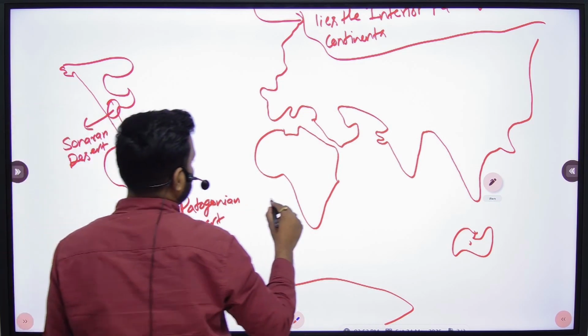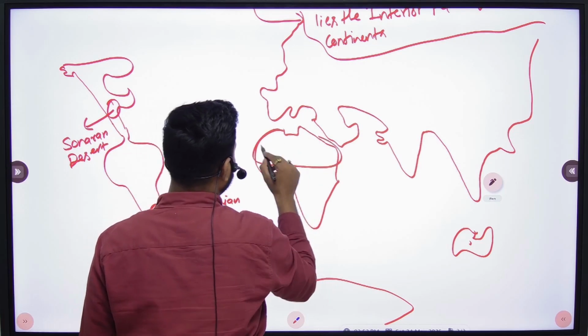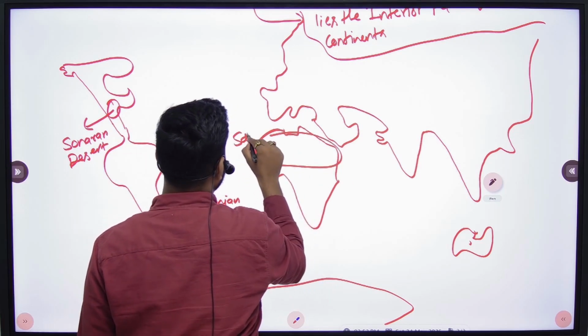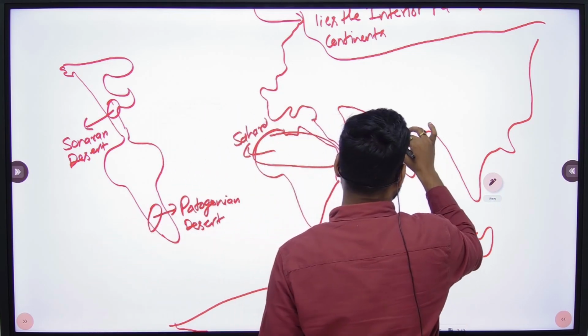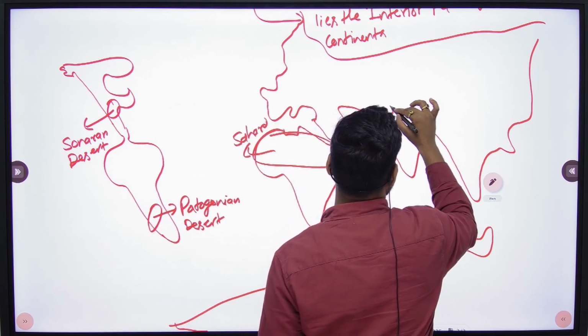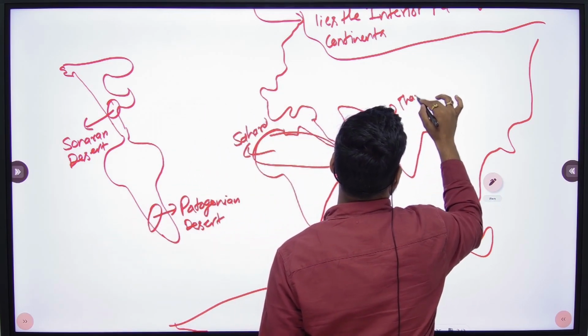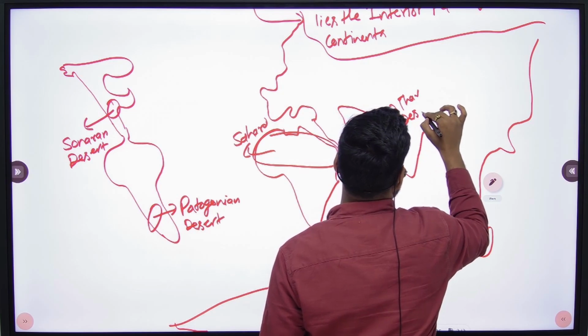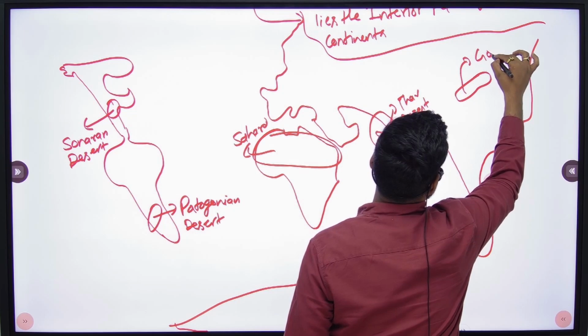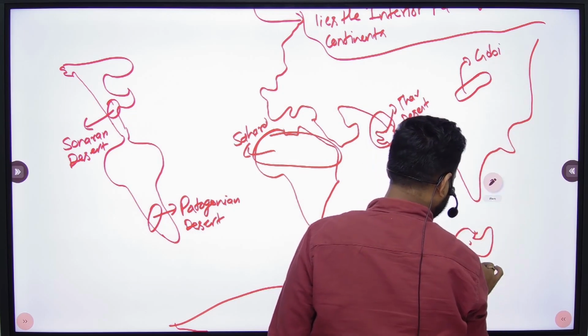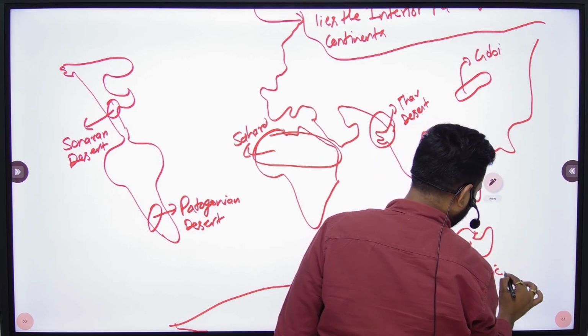Here is the Saharan desert, Sahara desert. Here is the Thar desert, here is the Gobi desert, here is the Victoria desert.